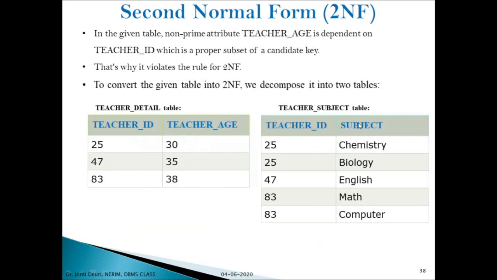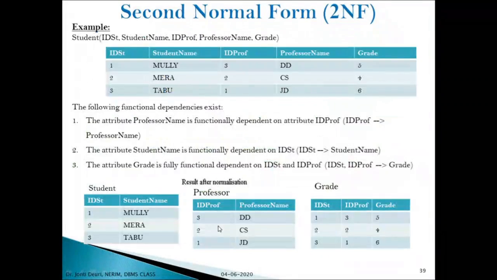But if we divide it, teacher age is fully functional dependent on teacher ID. Teacher ID determines teacher age, and teacher ID determines the subject also. Now I'll take another example for this, and then maybe you will understand.